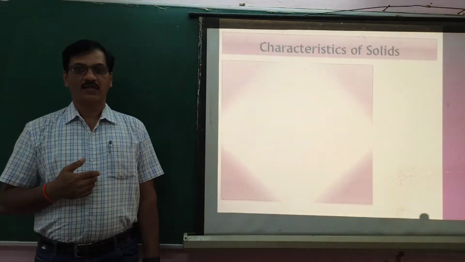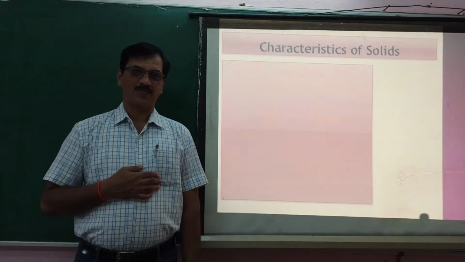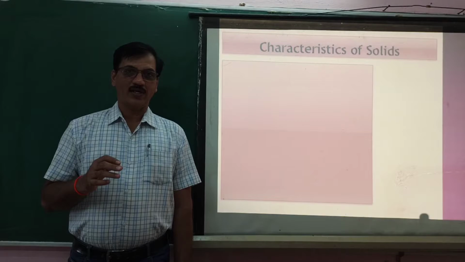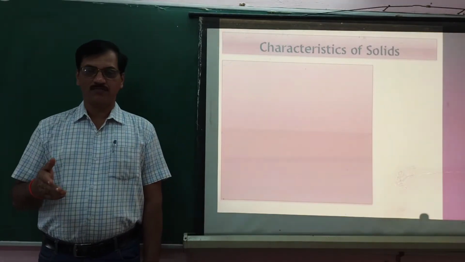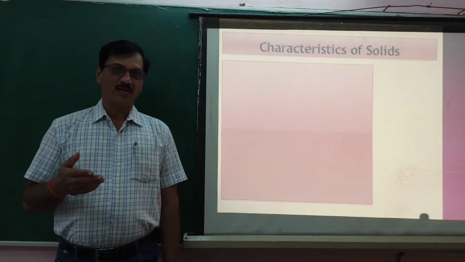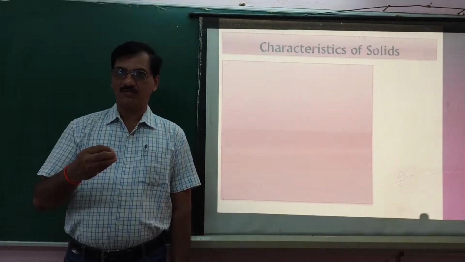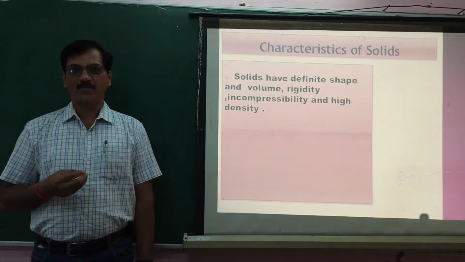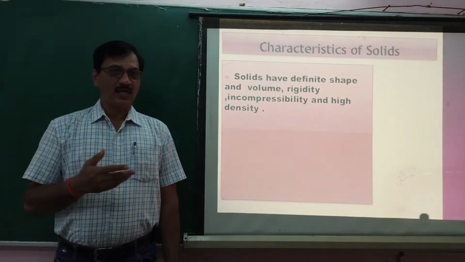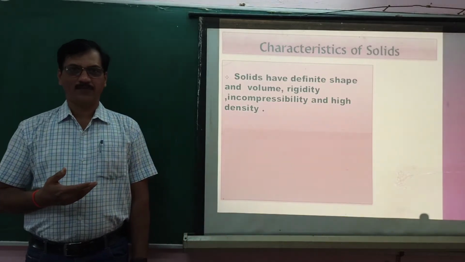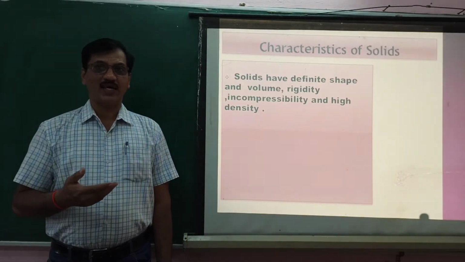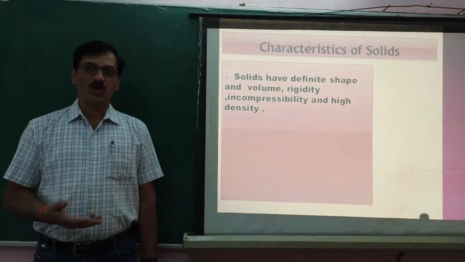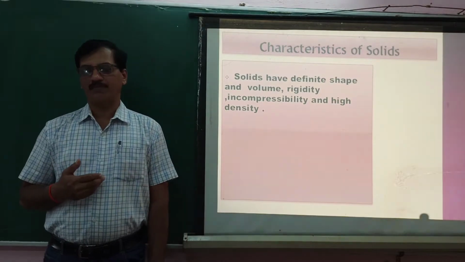So here are the characteristics of solids. Solids are rigid. Solids have definite shape and volume, whereas in liquids the particles are haphazard and there are fewer attractive forces between the particles. These are the points that you have known already. So solids can be defined as those having definite shape, volume, rigidity, incompressibility and high density.